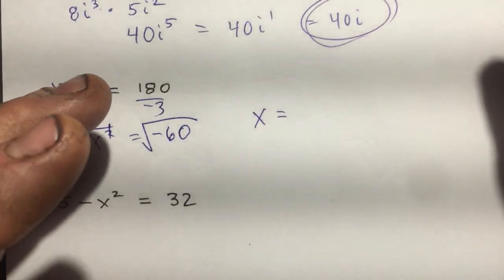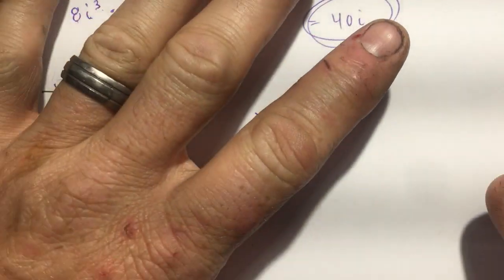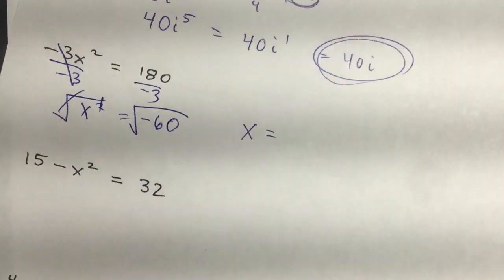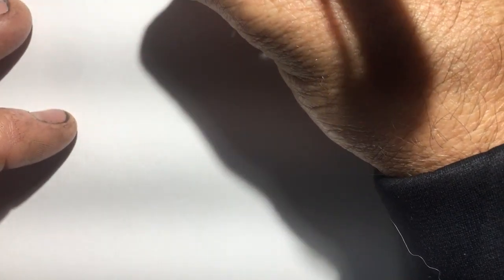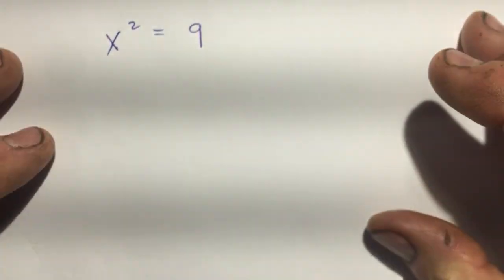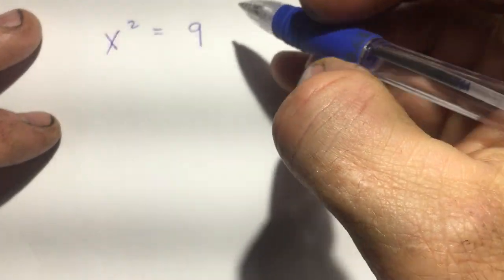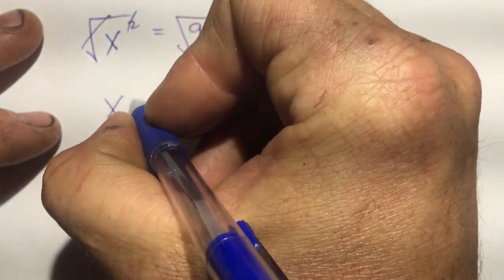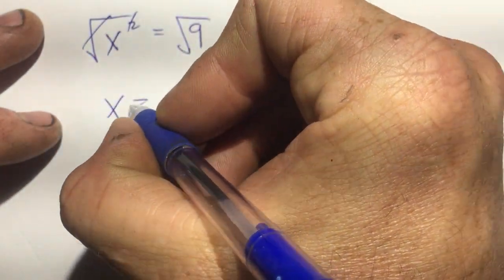Now here's the thing. When you square root both sides, let's take this off a minute. Let's do an easy one. x squared equals 9. When I square root both sides, the square cancels the square root. x equals the square root of 9, which is 3.